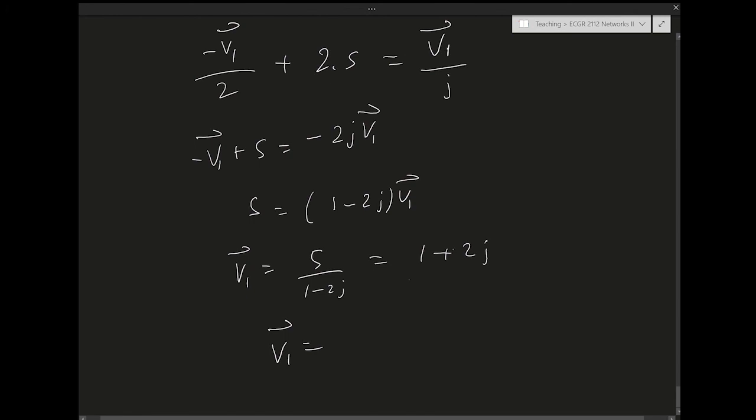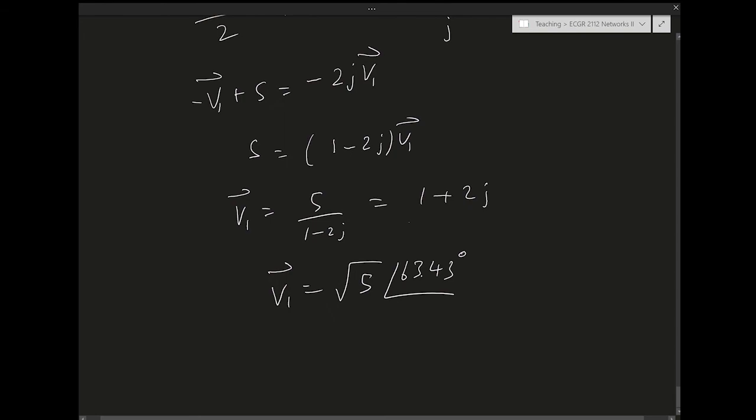So V1, what's the magnitude of this? Let me turn it into polar. It's going to be 1 squared plus 2 squared, which is 1 plus 4, which is 5. Square root is going to be square root 5. That's the magnitude. And then the angle is going to be 63.43 degrees. It's arctan 2 over 1.